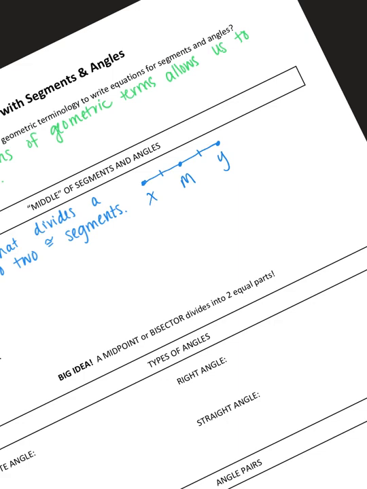So we have to be able to say that XM is congruent to MY. In a problem, you might see something that says M is a midpoint of XY.